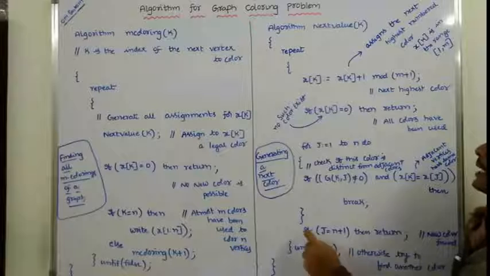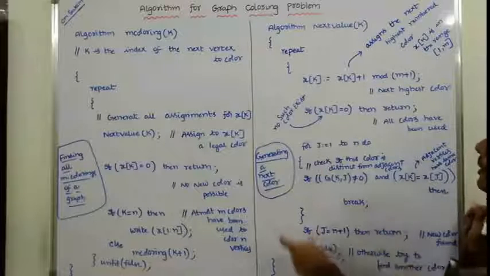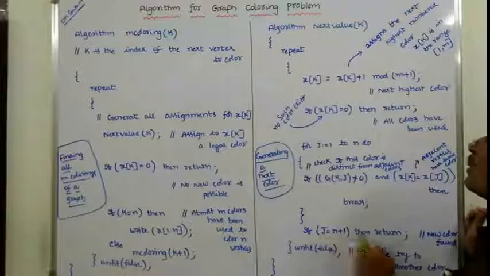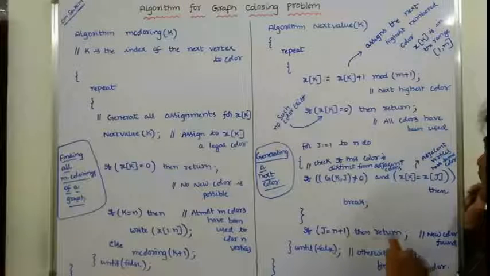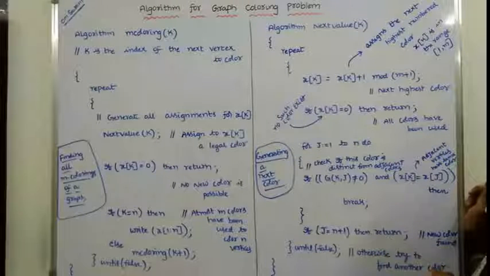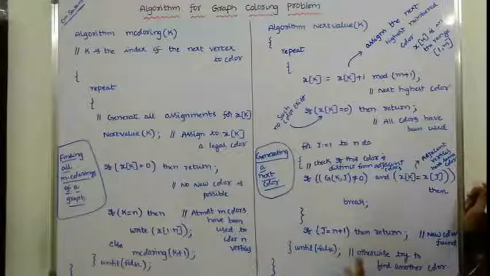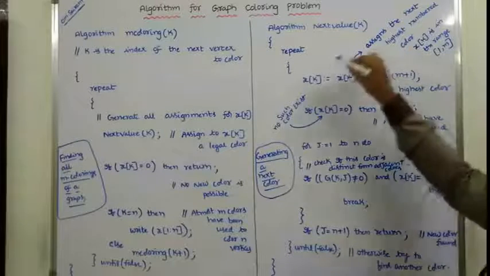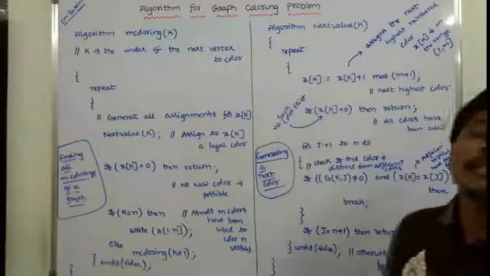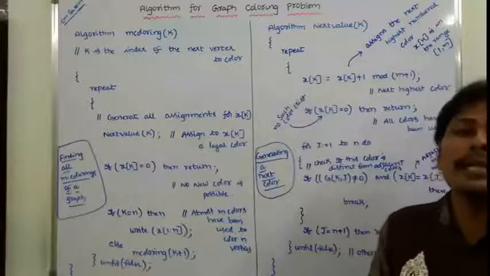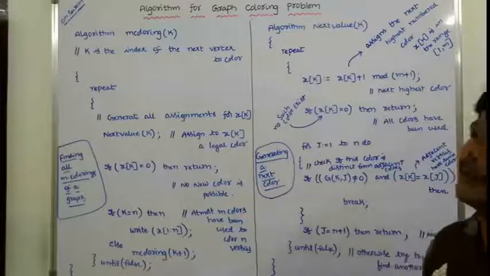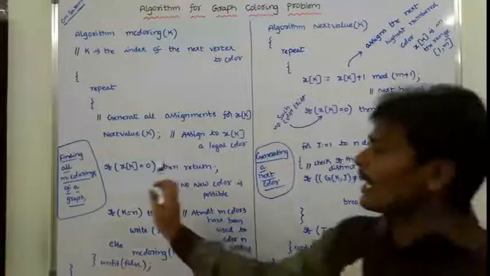If it is break, then go to the next statement after the for loop. If j is equal to n plus 1, then return nothing. So next until false. So this algorithm is used for generating the next highest number color. Then go to the next one.